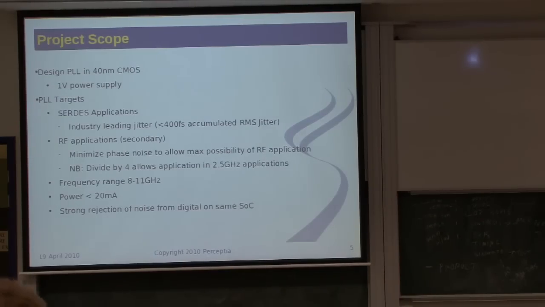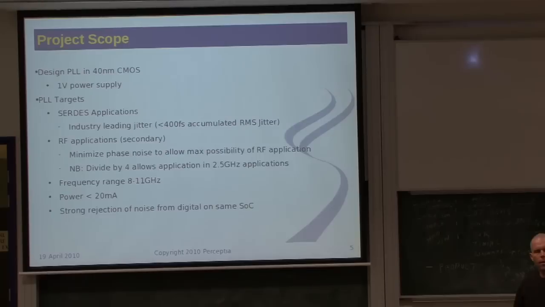So the project I'm talking about is a PLL, which probably none of you have the faintest idea what a PLL is. Okay, a phase lock loop, PLL, is... how am I going to describe this? It's a feedback system that we can use to generate a clock.